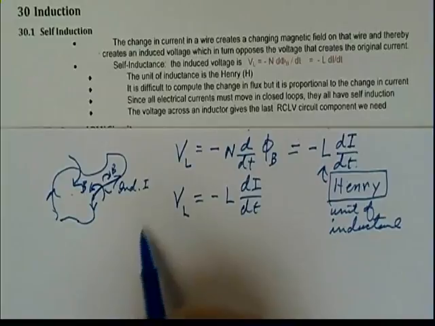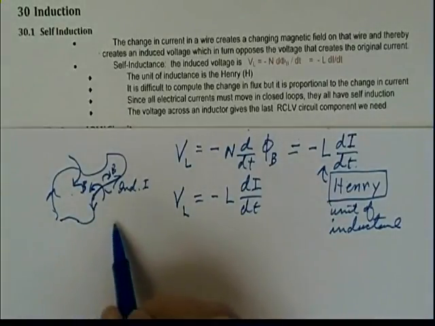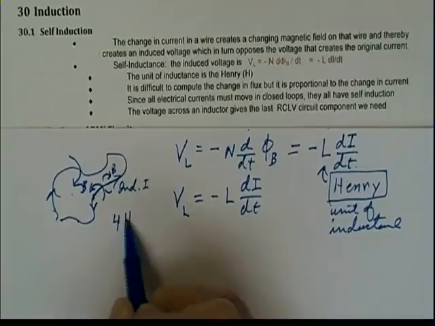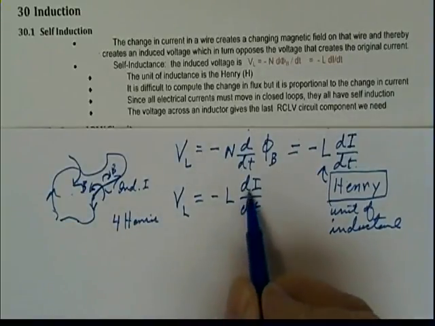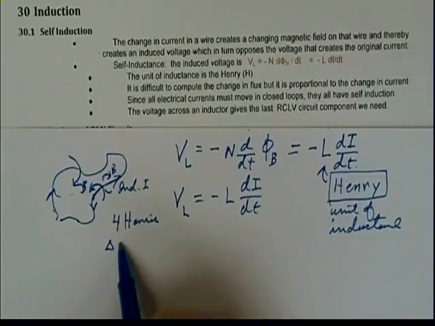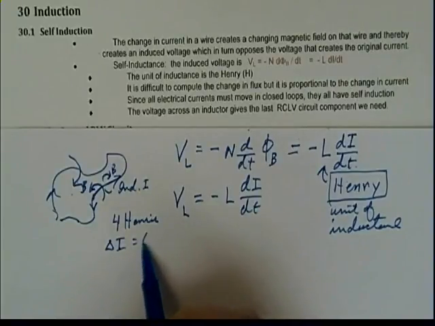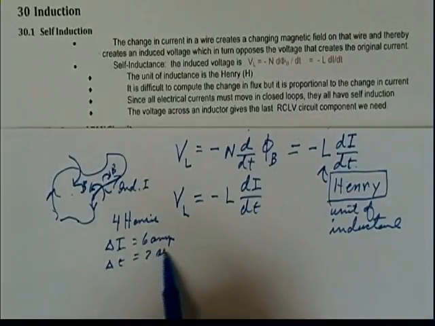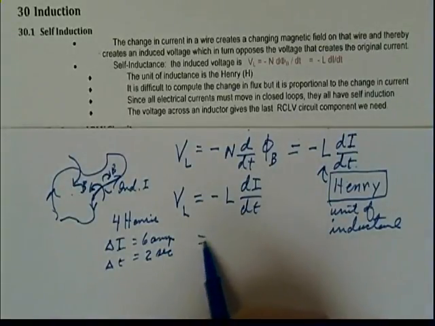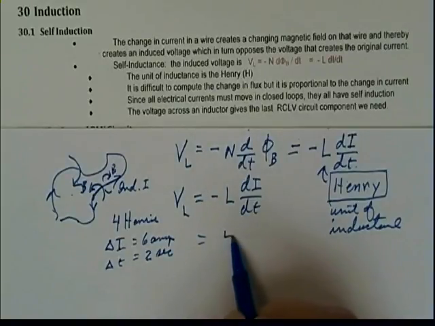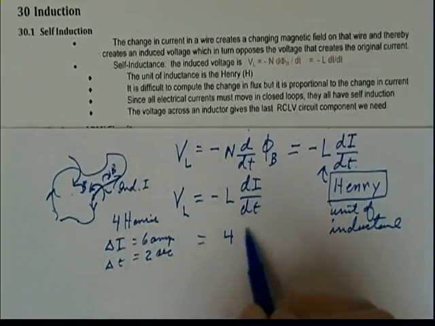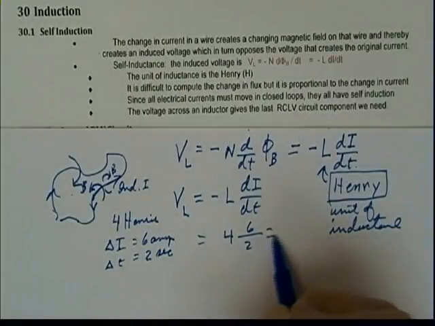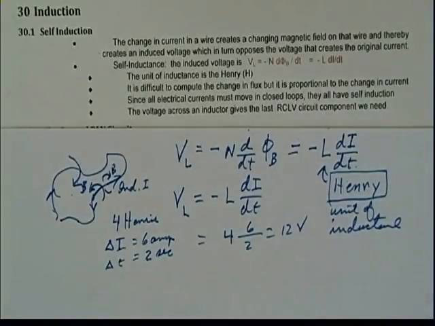So if we had a problem where we had a circuit that had a self-inductance of 4 henries, and we tried to change the current, so there was a change in I of 6 amps in a time, delta t, of 2 seconds, then we would have that the induced voltage would be 4 times the change in I, that would be 6, divided by 2. 2 into 6 goes 3, 3 times 4 is 12, so this would be 12 volts. It'd give us exactly 12 volts in that type of circumstance.